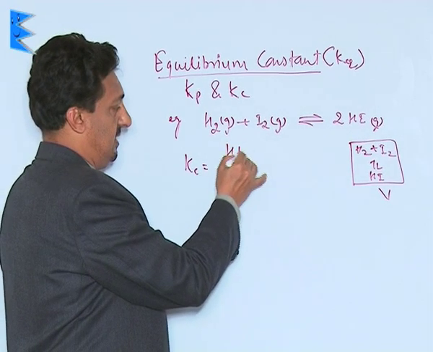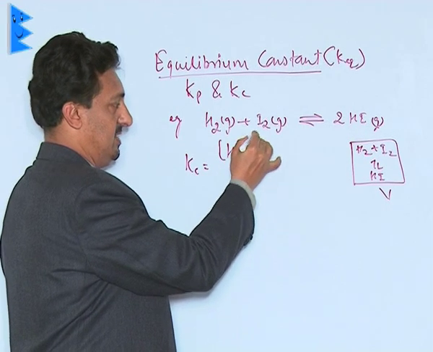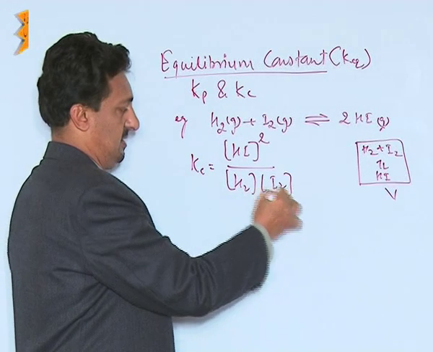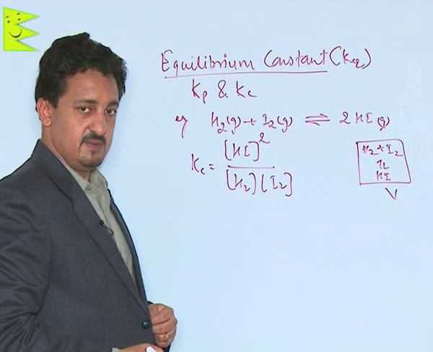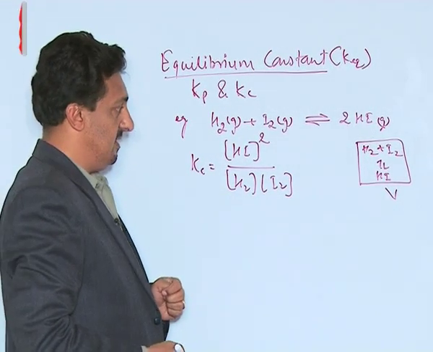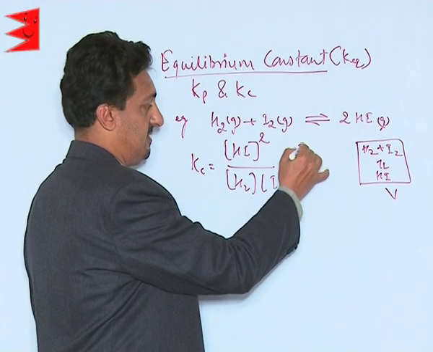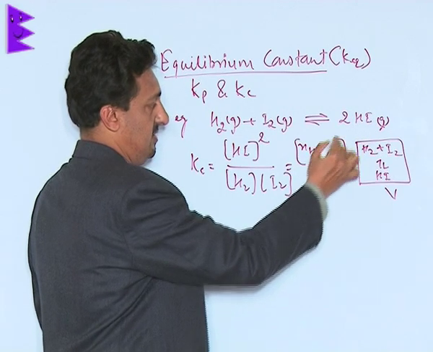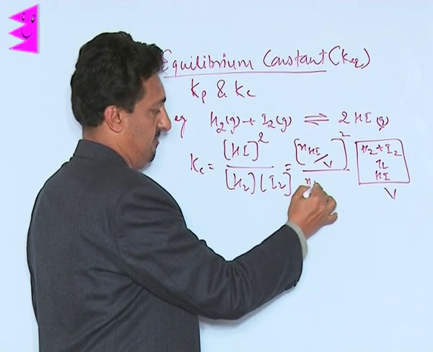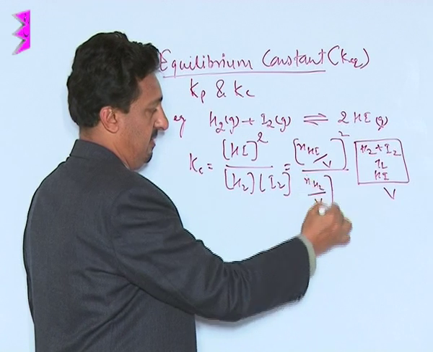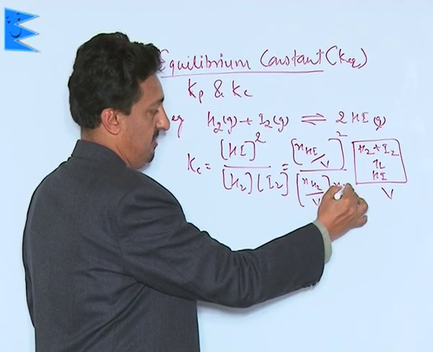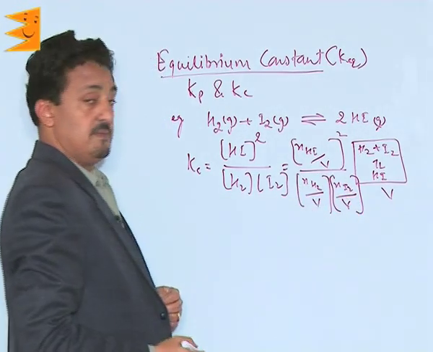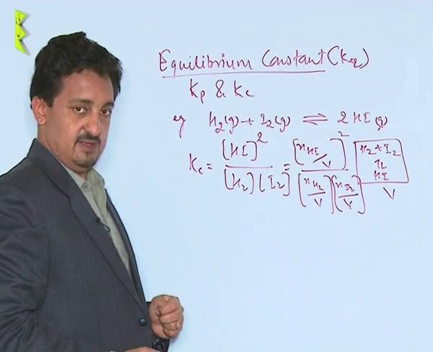It will be concentration of HI to the square, upon concentration of hydrogen and concentration of iodine. And what we'll be doing in this is number of moles of HI upon V to the square, number of moles of hydrogen upon V and number of moles of iodine upon V. This is how it can be calculated.